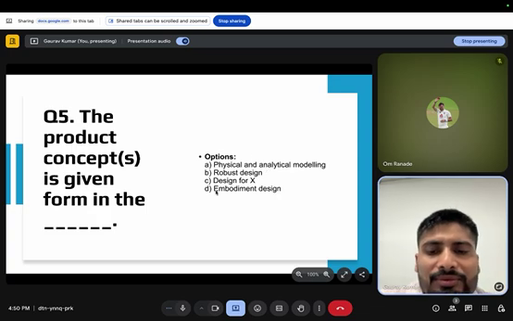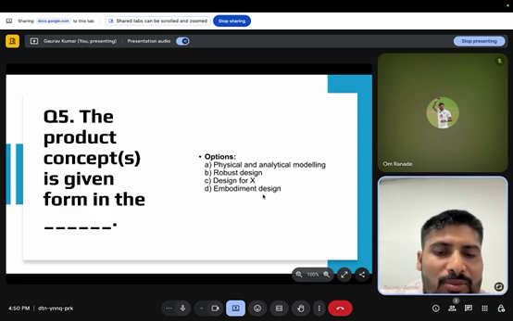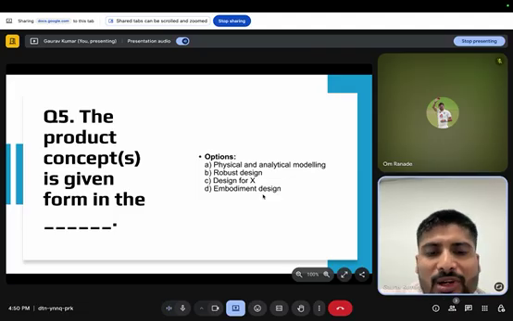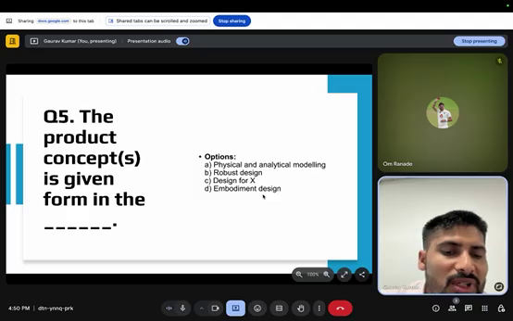Okay, so, as described last week, embodiment design transforms the winning concept from scoring into a concrete, testable model. It marks the point where conceptual reasoning gives way to engineering definition and is therefore critical in validating the design intent. Okay.